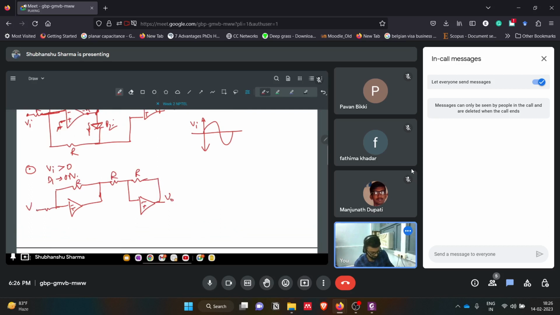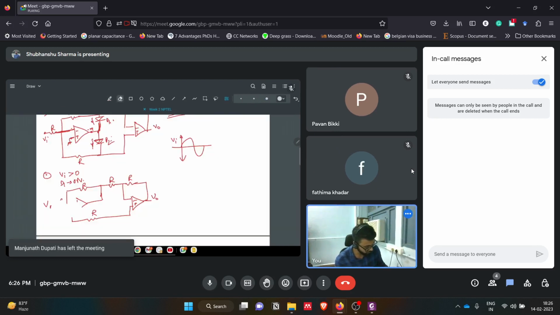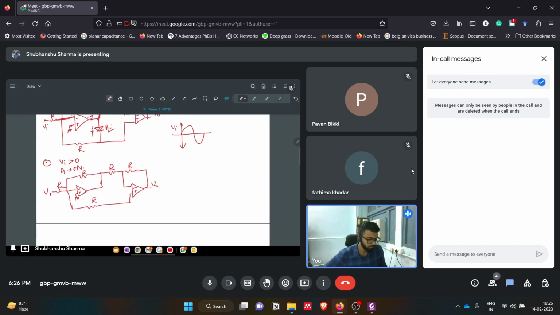Then this is V input, R, and this is the circuit we have. This is connected to this. This is the circuit: minus, plus, this is the diode. So we have a circuit like this when V input is greater than 0 and D1 is on.